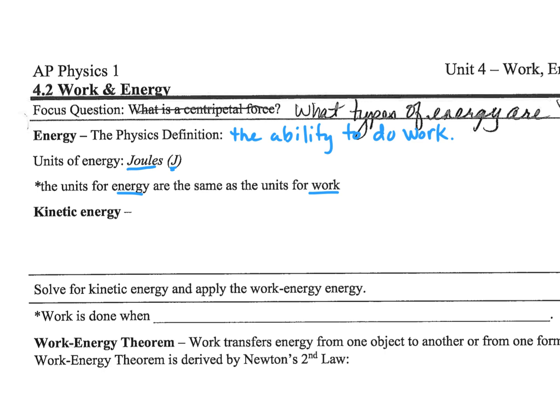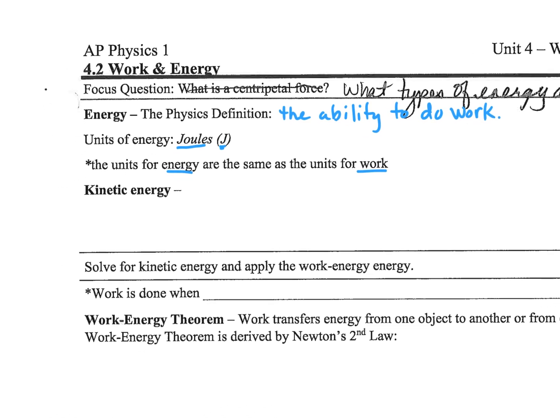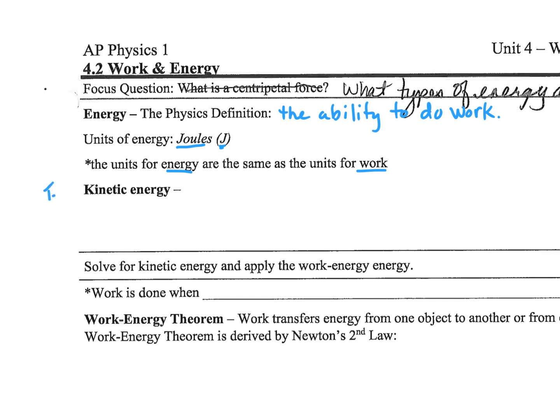Okay, so what is kinetic energy? This is our first type of energy, type 1. We're going to look at kinetic energy. Kinetic means moving, so this is energy possessed due to motion.